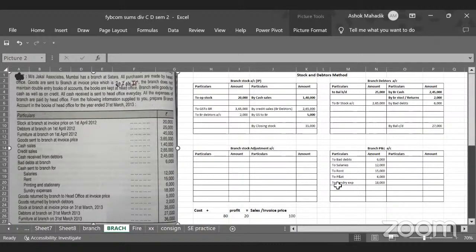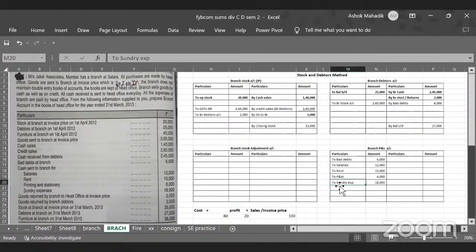So that is depreciation. So record in P&L to depreciation on furniture. Very simple. Don't miss this sum. I'll write 45,000 minus 36,000 is 9,000. That's it. We didn't take more than 15 minutes, right?